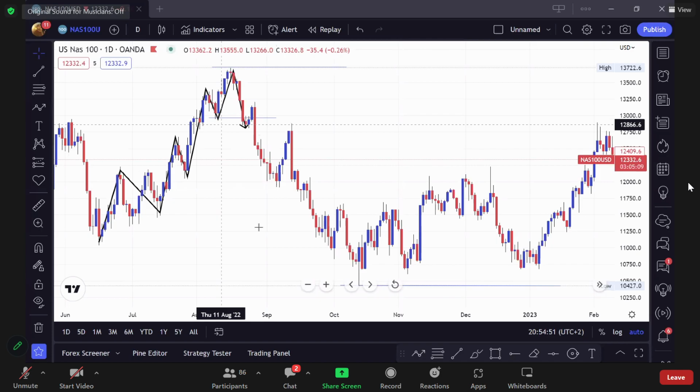No, we're violating. We broke it. Change of character. So this now is a change of character where the market is changing its direction. Are you with me? 100%. Everything after this is a continuation. So from now on, we're looking for a break of structure.